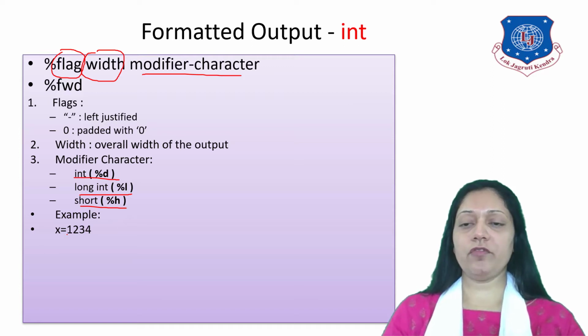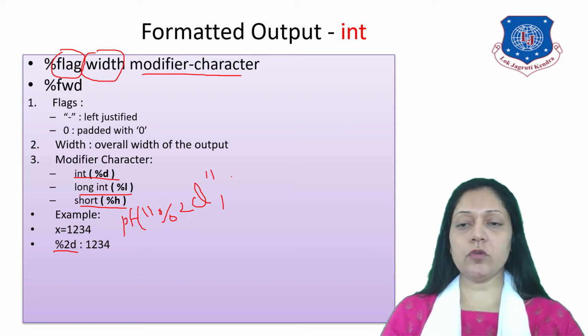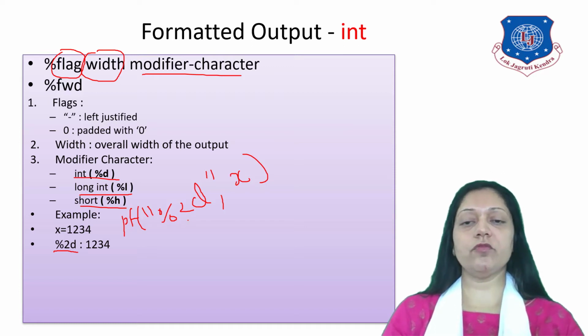Suppose the value of x is 1234. In the printf statement, in brackets and double quotes, I write %2d, close the double quotes, and give the value of x. I want to display the value of x using some formatting.